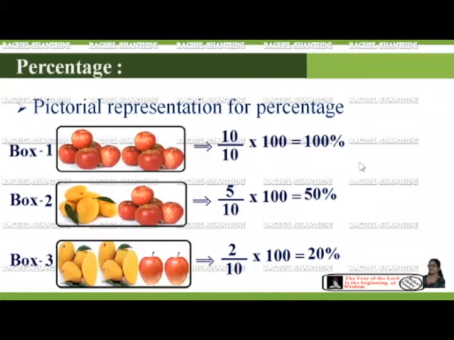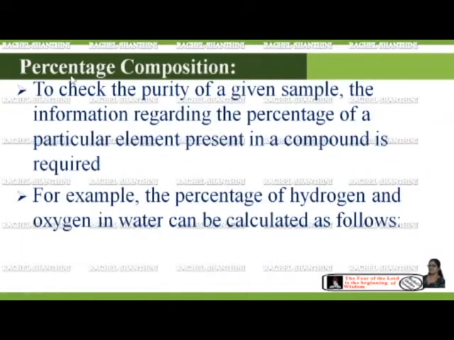Let us apply this concept to the elements present in the chemical compounds. Percentage composition. If an unknown compound is given, we need to know the constituent elements and the percentage composition of the constituent elements present in the compound.